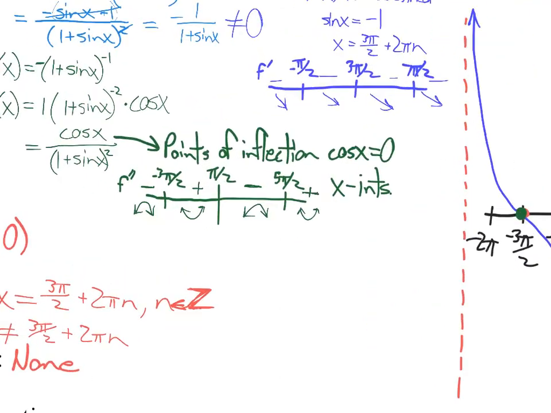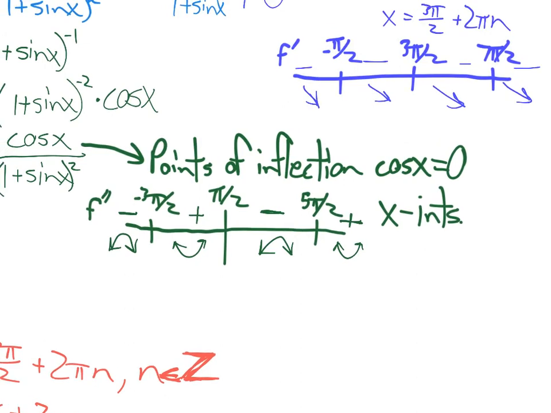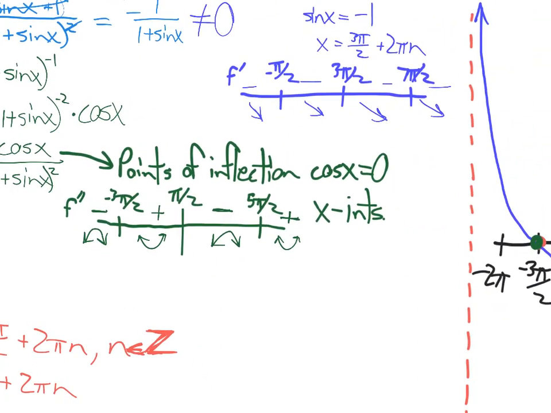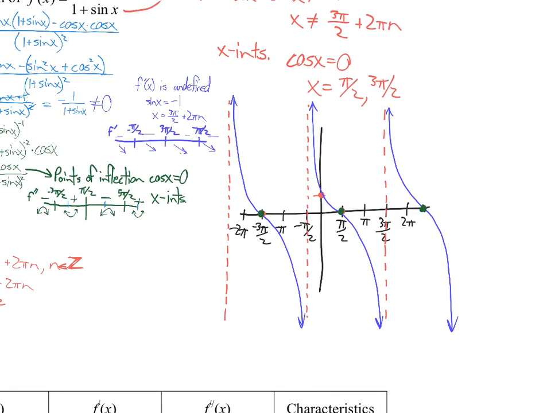One last thing here real quick, sorry. The one thing I left off of here were the points where it is undefined. So actually, the negative pi over 2 should be in there as well. And also the 3 pi over 2 and the 7 pi over 2. But notice there, the concavity's not changing.